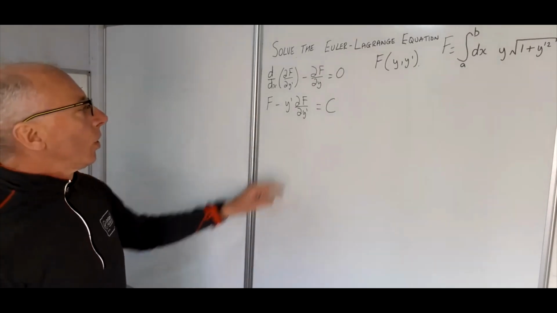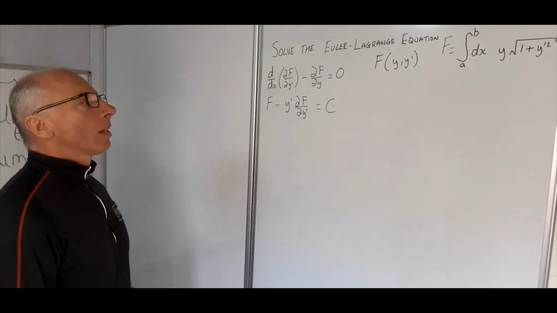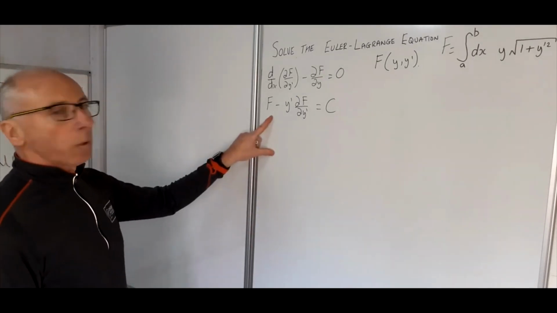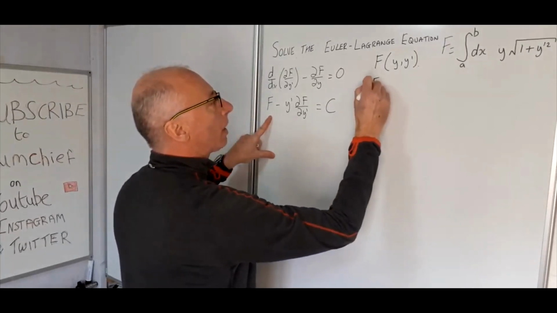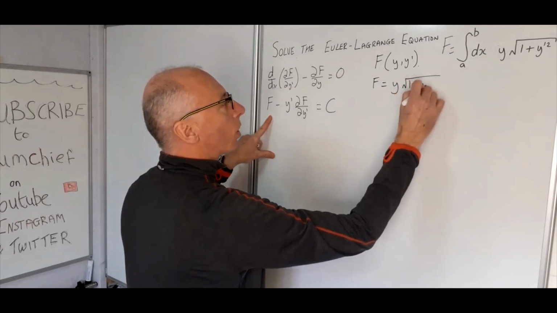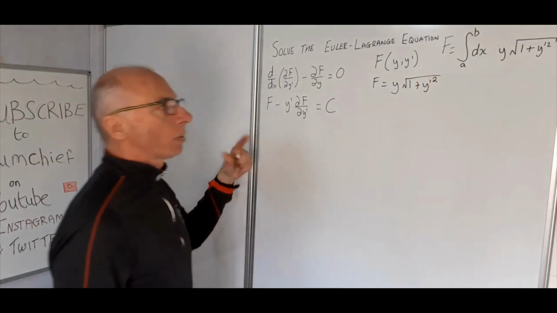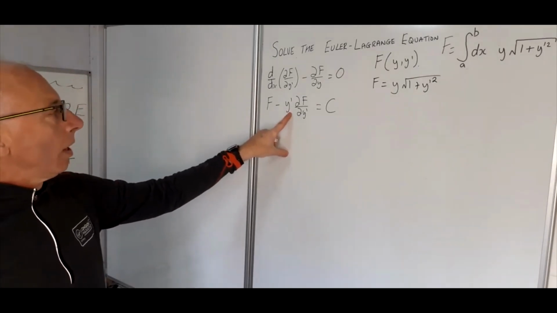So that's our first order equation. So we know what f is. f equals y times the square root of 1 plus y prime squared. Y prime we can just write as y prime.